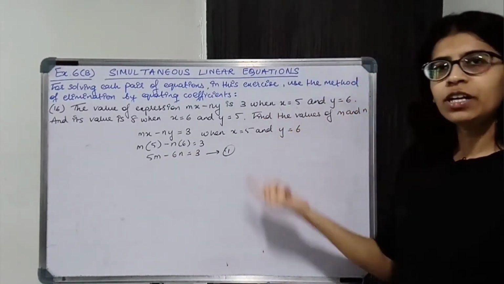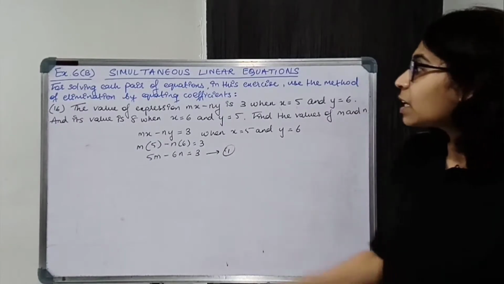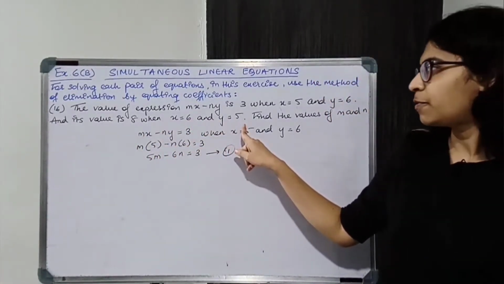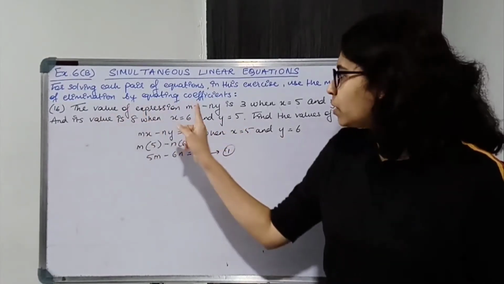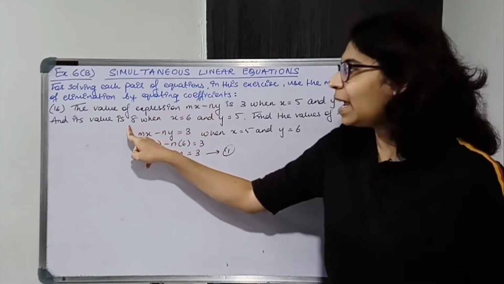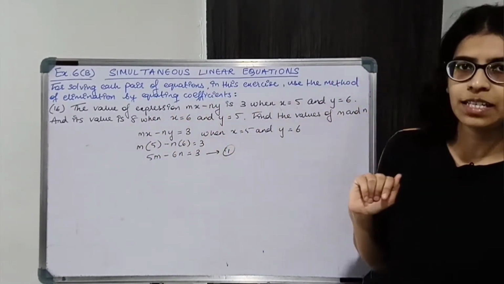Now we need one more equation, and its value is 8 when x is equal to 6 and y is equal to 5. Whose value? The expression's value. So mx minus ny is equal to 8 when x is equal to 6 and y is equal to 5.